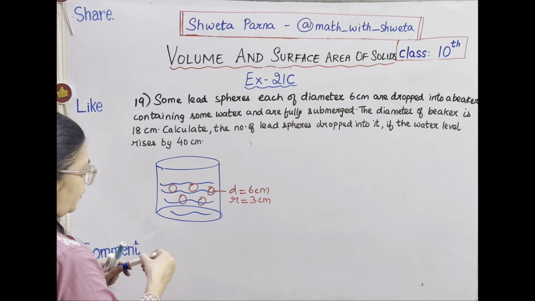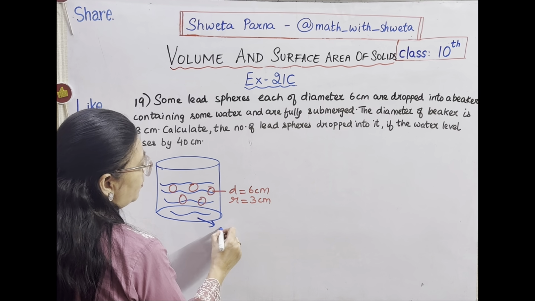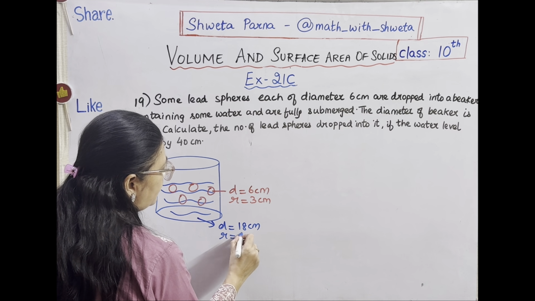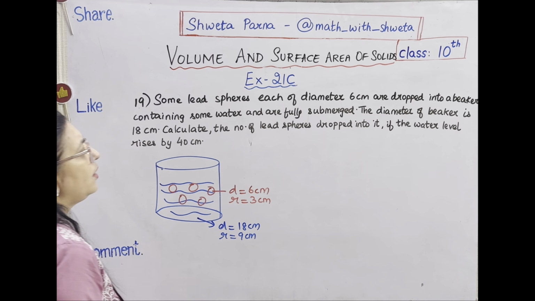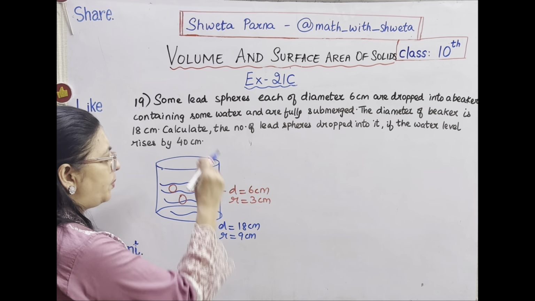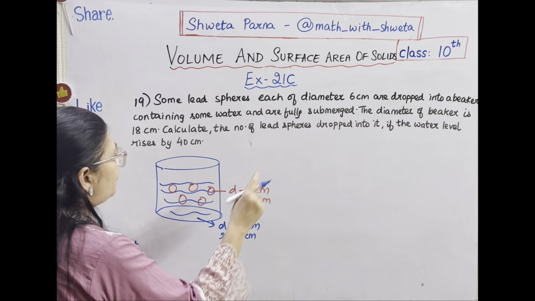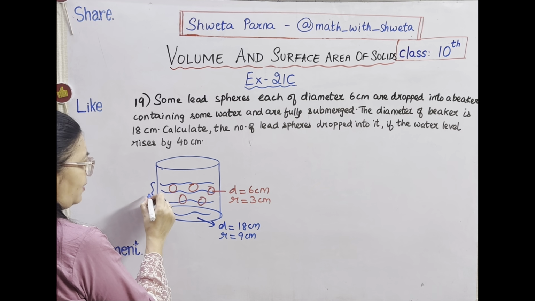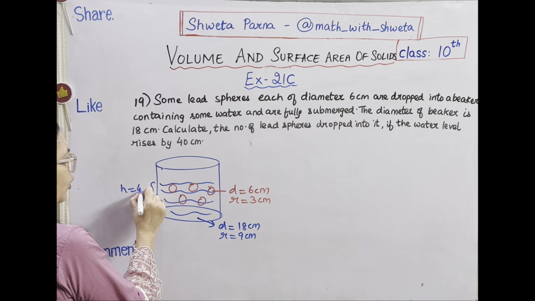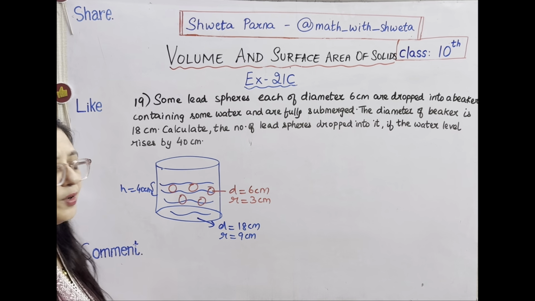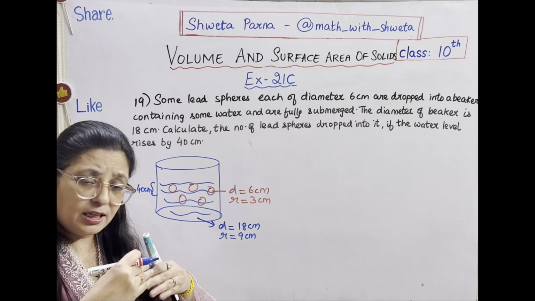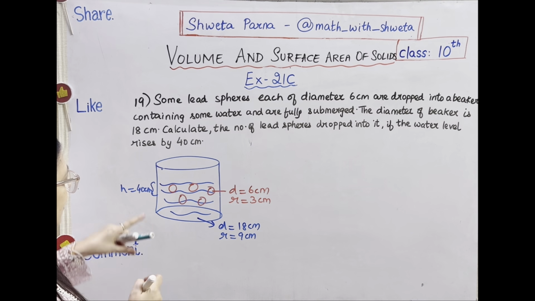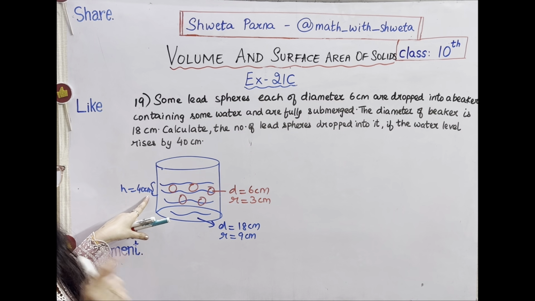The diameter of the beaker is 18 centimeter, so the radius is 9 centimeter. If the water level has risen by this, that means the height is 40 centimeter. Because when you drop the lead spheres, the level of water rose by 40 centimeter. That is the height.